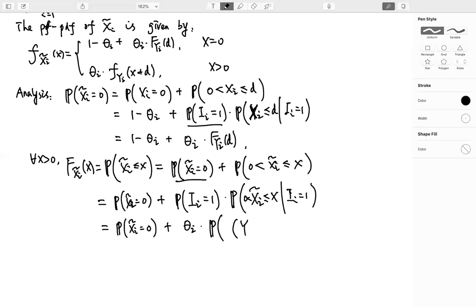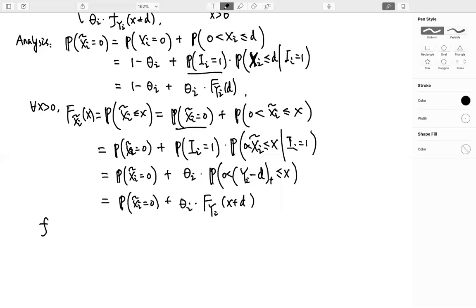So it will be y, and then I need to apply the deductible, plus theta I times Fy. Well, if you want, you can put I. And then we differentiate on both sides with respect to small x, because that is the argument. Because this is a constant, it's gone. So that's the reason why I don't write it out.